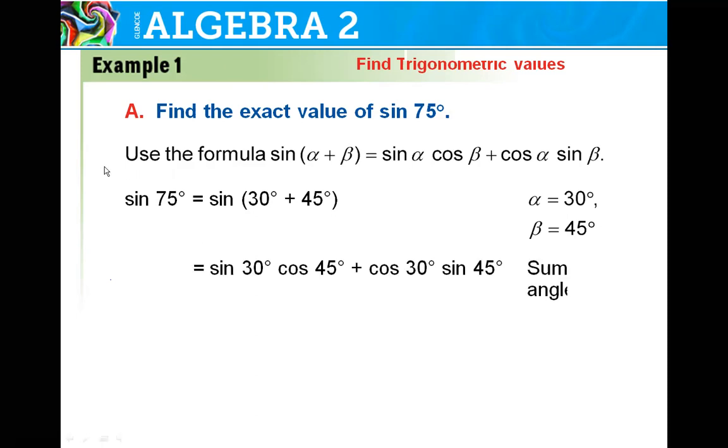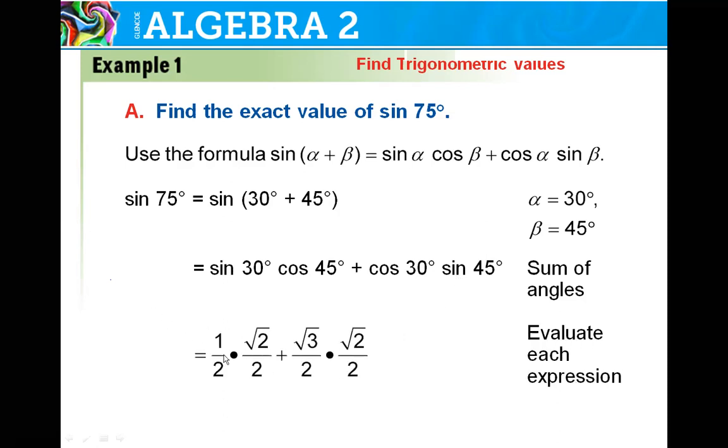And this is the next step. Here we substitute by the values of the famous angles. Sine 30 equals half. Cosine 45 is 1 over root 2, or root 2 over 2. Cosine 30 is root 3 over 2. Sine 45 is 1 over root 2, or root 2 over 2.